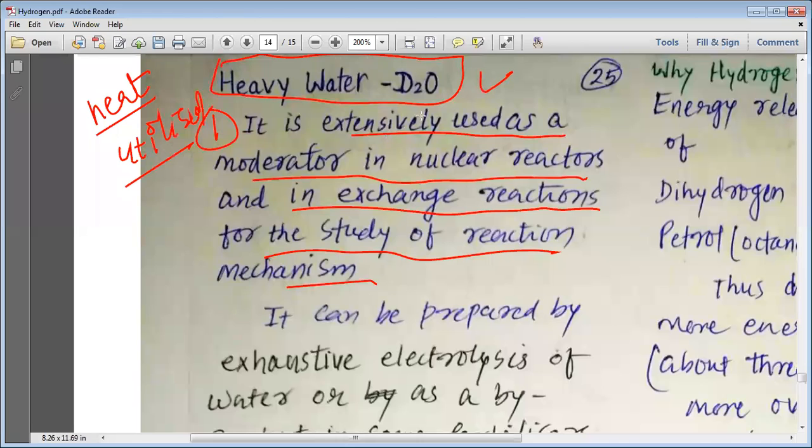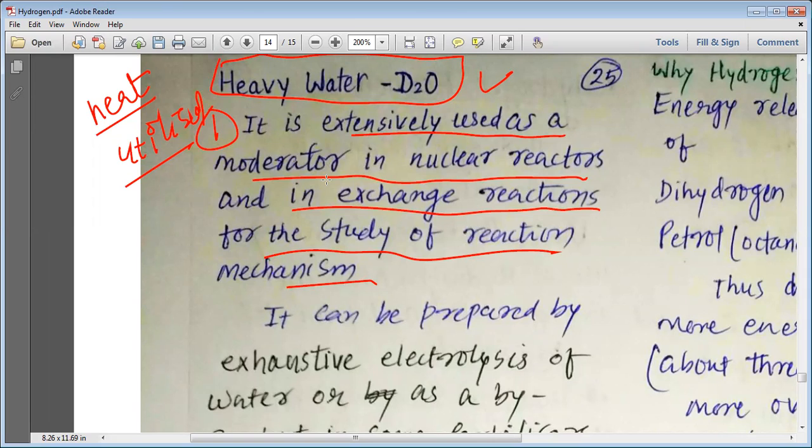So this heavy water D2O, the temperature of this water increases and it turns out to be steam, and then this steam is utilized to run various engines or various machines. Let us say it is utilized to move the handle of our dynamo through which we can produce electricity.